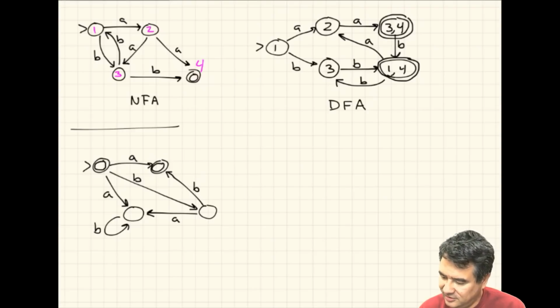Okay, so I feel like I should put in something else. Let's just put in another loop right here. Let's put in A there. And what else should I do?